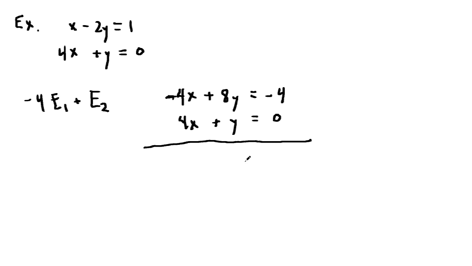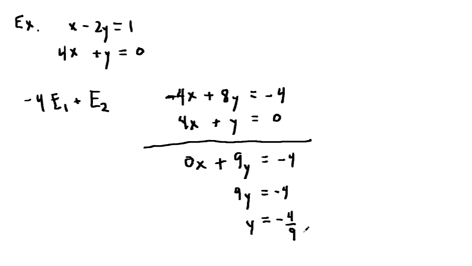Let's add these two equations. I get 0x plus 9y equals -4. 0x is just 0, so I get 9y equals -4. Let's solve for y. Divide both sides by 9. And you get -4/9.